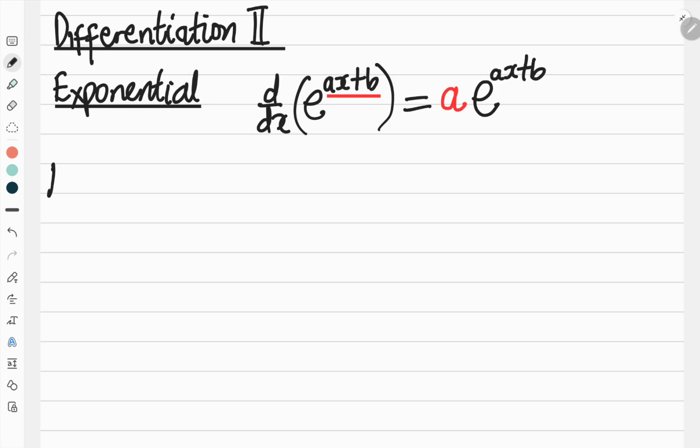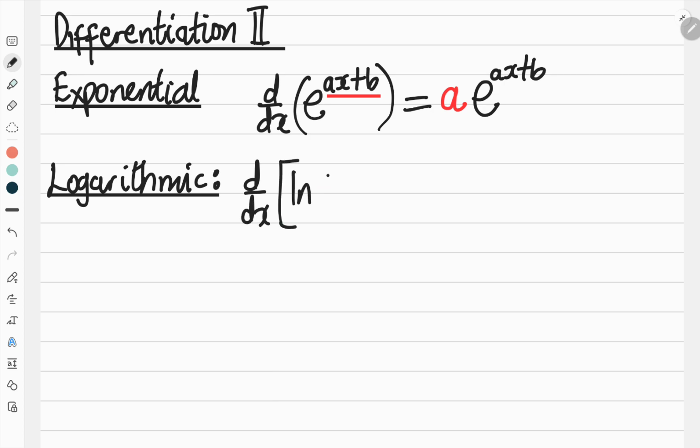Then the next form of differentiation that you are going to do is the logarithms. For your logarithms in differentiation, we are saying the derivative of the natural logarithm of a certain function.